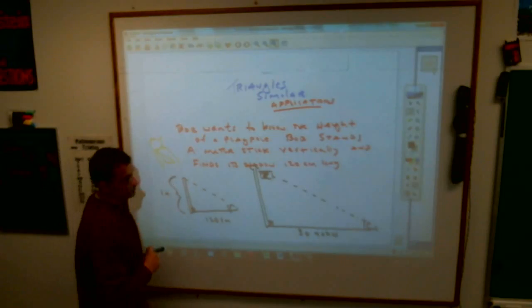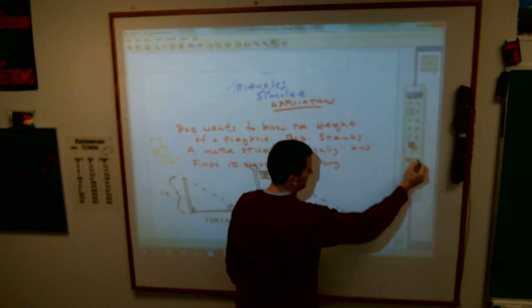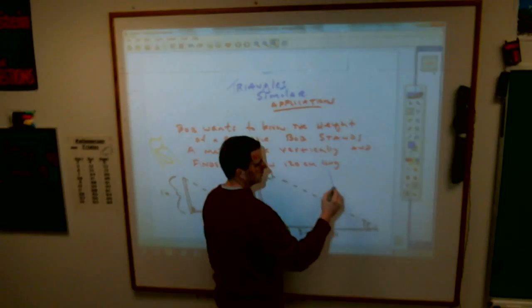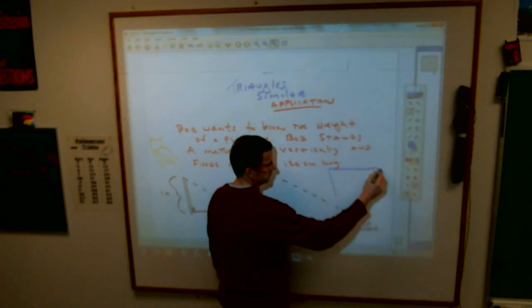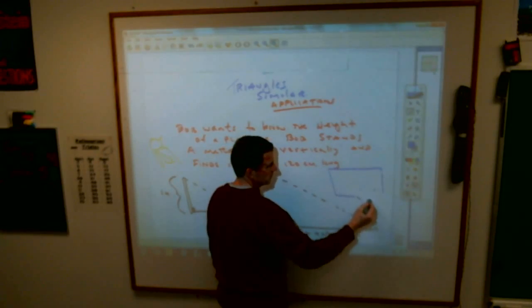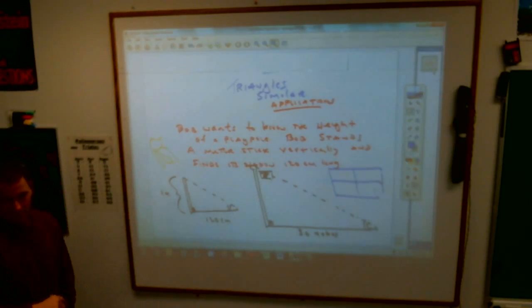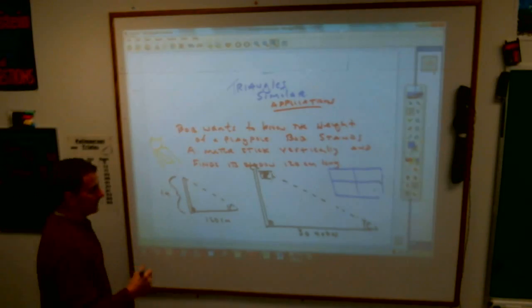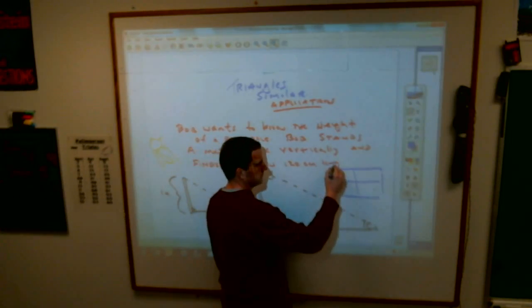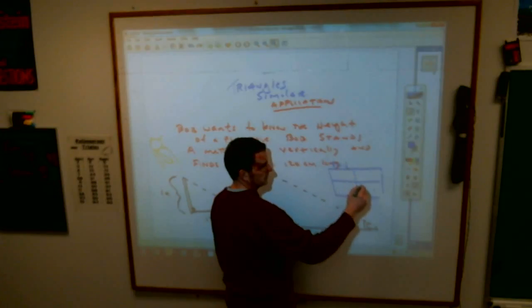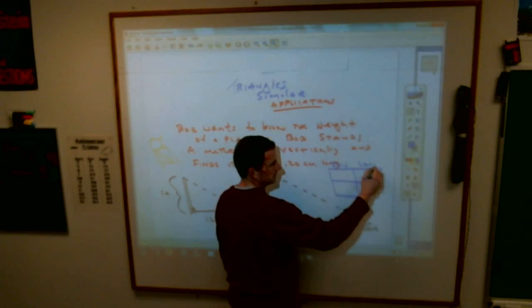So here is what you need. This is the important part. You need to draw your ratio box, because you're going to make some equal ratios here. I would label them this way just to make sure you get this right. You've got the small triangle here. You've got the large triangle here.